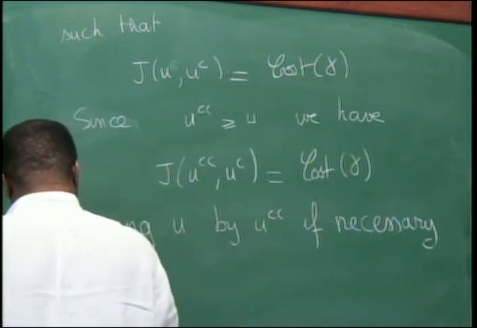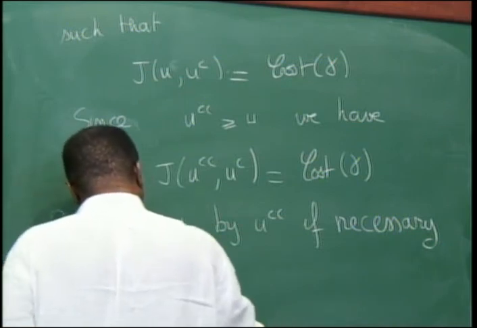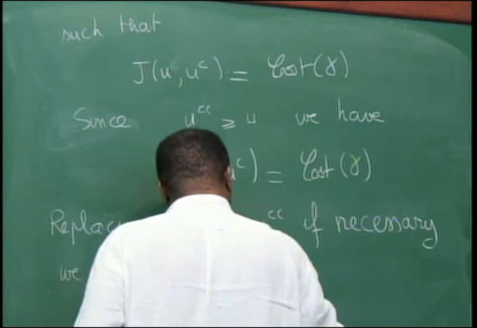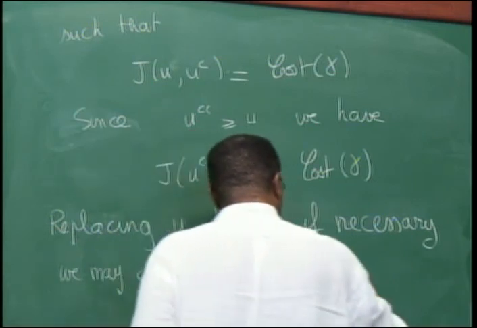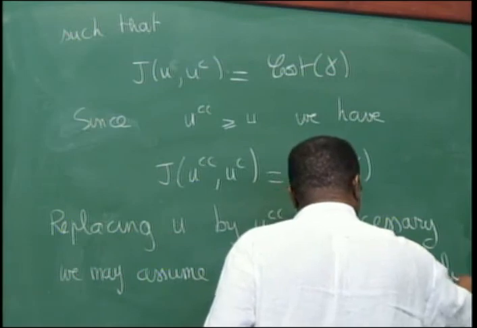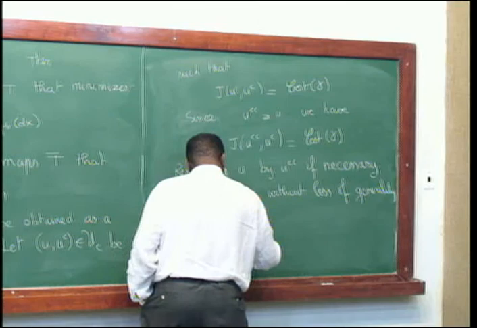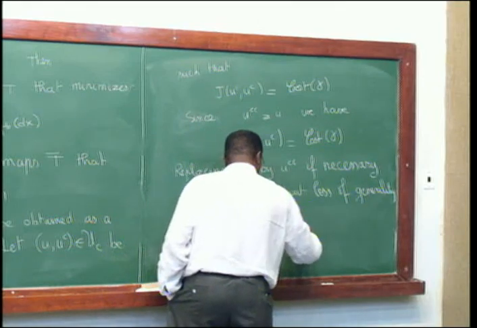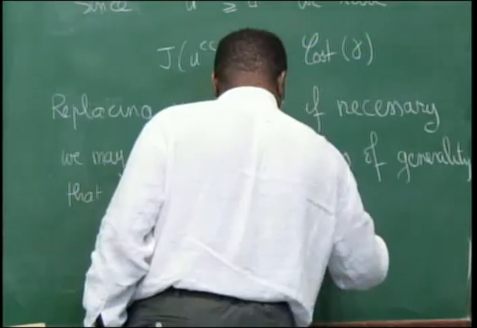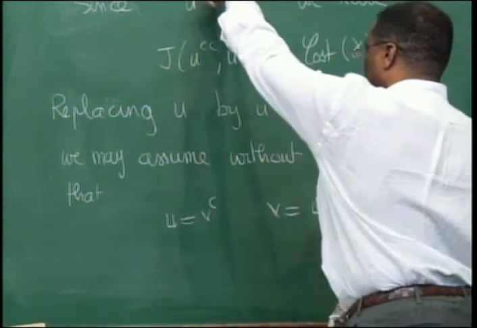we may assume without loss of generality that U is V^c, where V is U^c. Okay?